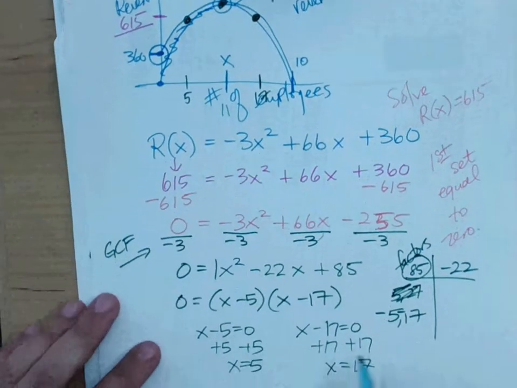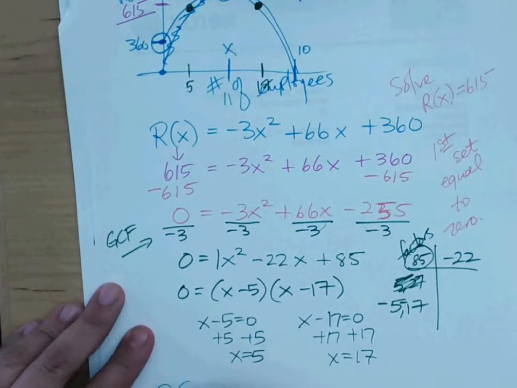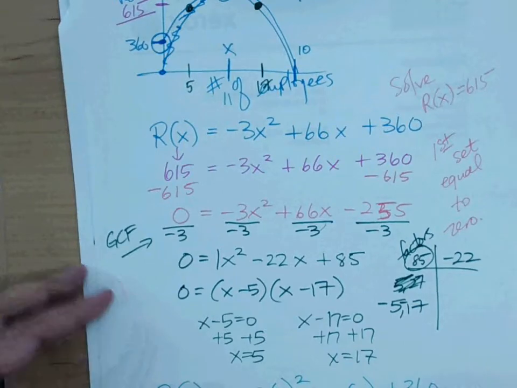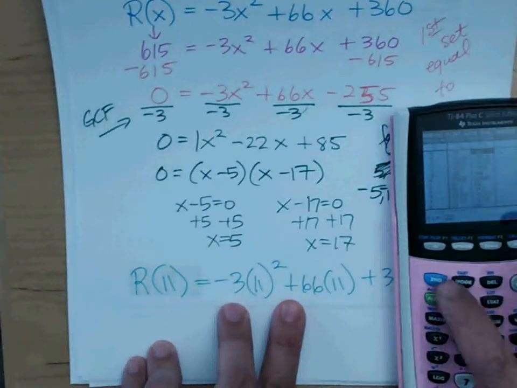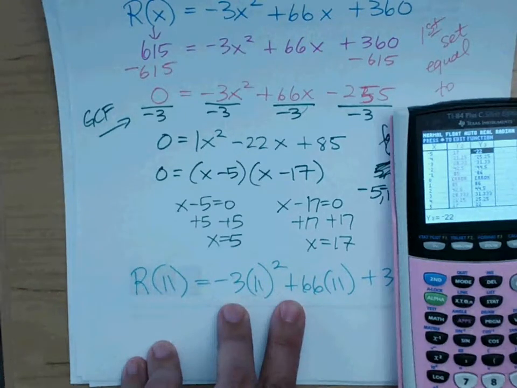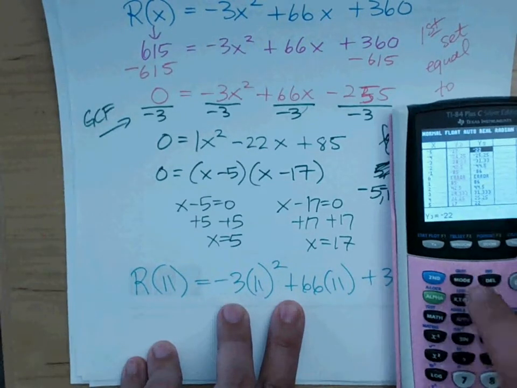Let's find out, just for fun, what would be the revenue of 11 employees? Negative 3 times 11 squared plus 66 times 11 plus 360. How much would the revenue be? And I'll just use my calculator, second quit.